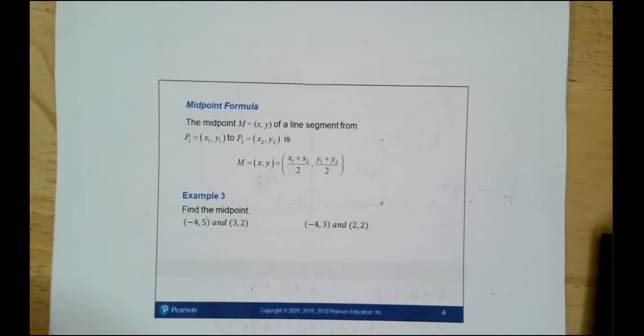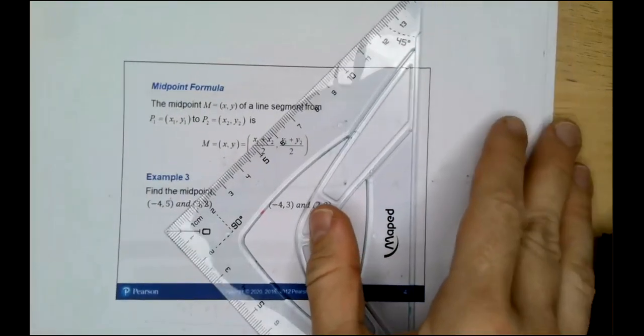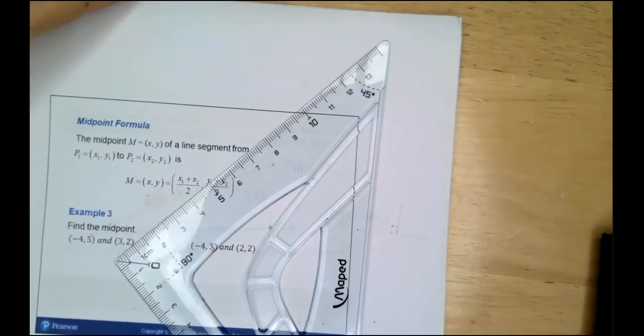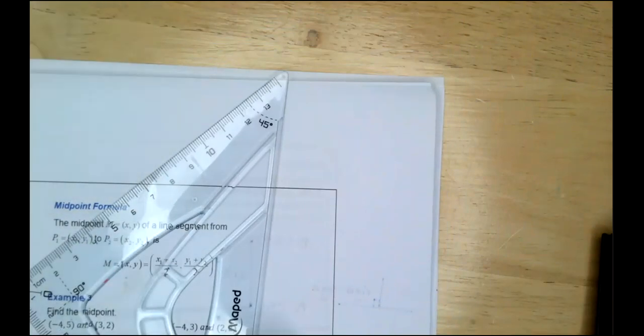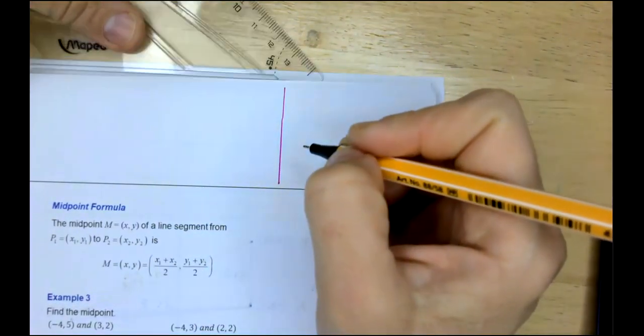If I have 2 points, and we're talking about midpoints, we have two, what we call endpoints, okay? The point in the middle of those 2 endpoints will cut your line segment in half, and your 2 halves will be perfectly equal. That's what a midpoint does, okay?